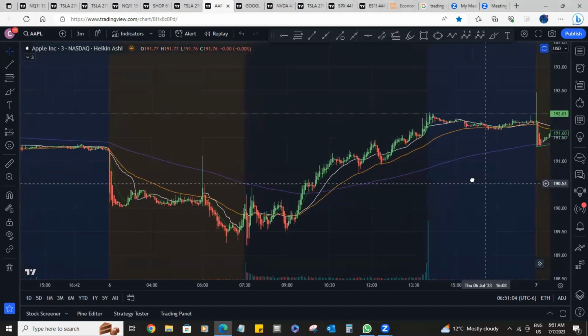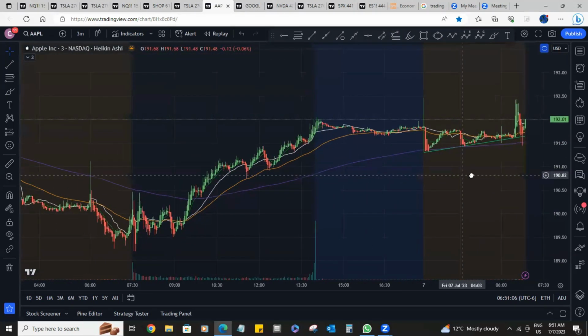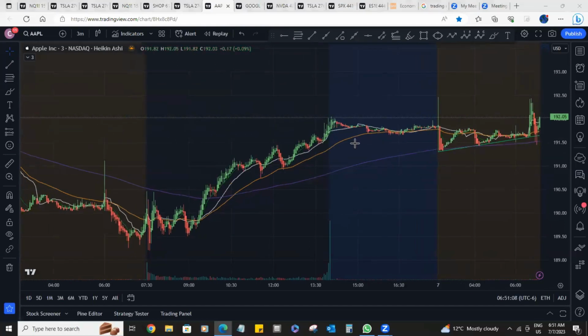Now, I know it's on ES and a lot of other ones, but I'm going to have to check into that and get back to you on that. It's been so long.